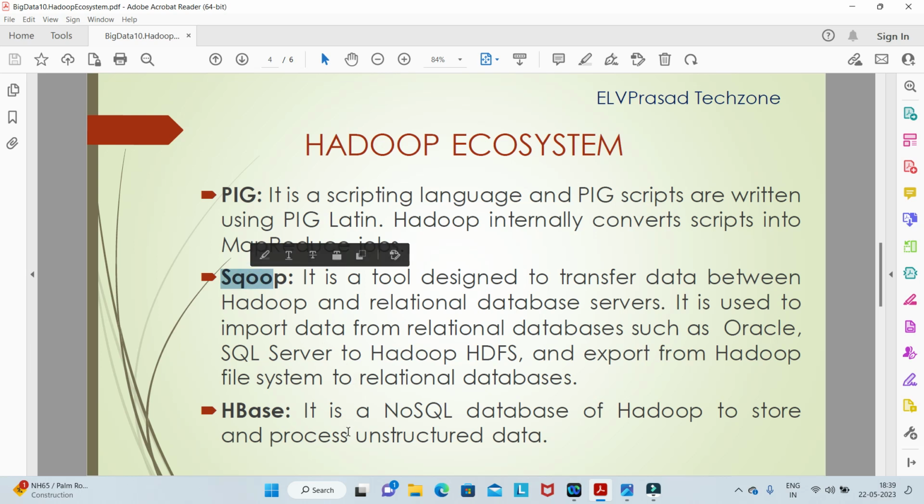For dealing with the NoSQL database, we will use HBase in the Hadoop ecosystem, like unstructured data, semi-structured data.